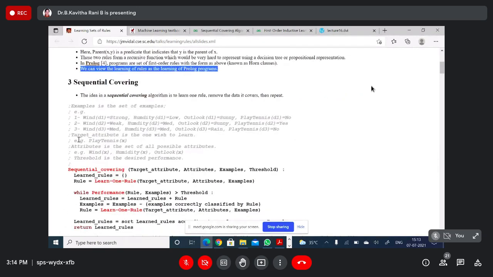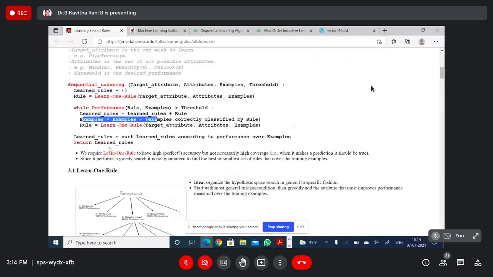Now, we have seen this sequential covering. First, we take the target attribute, attributes and examples, and we give one threshold. Then the learned rules start as an empty set. Then we learn a rule. While the performance of that particular rule is greater than the threshold, one rule is generated. Likewise, we will be using this for all the examples.